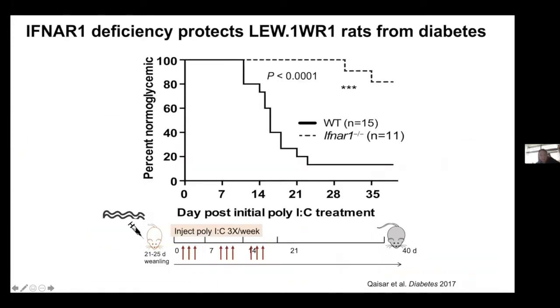So we made the knockout, and this was published 4 years ago. If we trigger type 1 diabetes with multiple injections of poly-IC, then in a wild type LEW.1WR1 rat, there's nearly 100% diabetes. And in the knockout, where there's no functional IFNAR, there's a significant degree of protection, although it's not 100%. There is still some breakthrough.